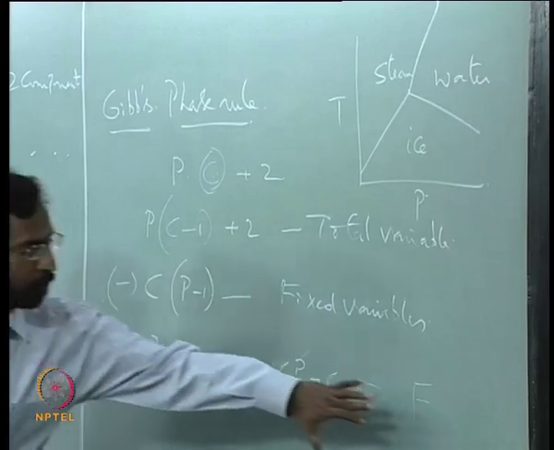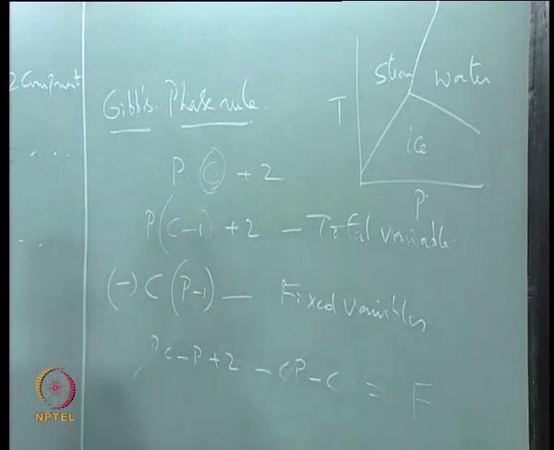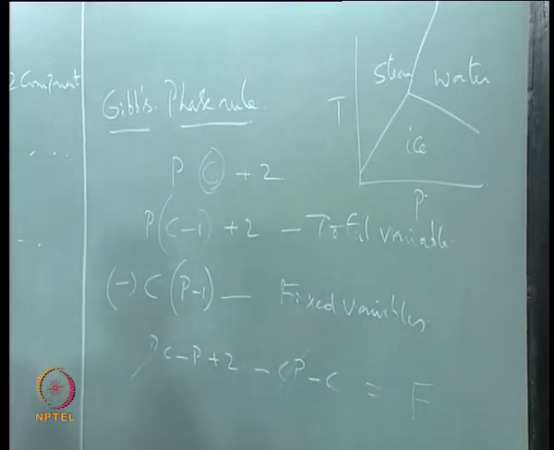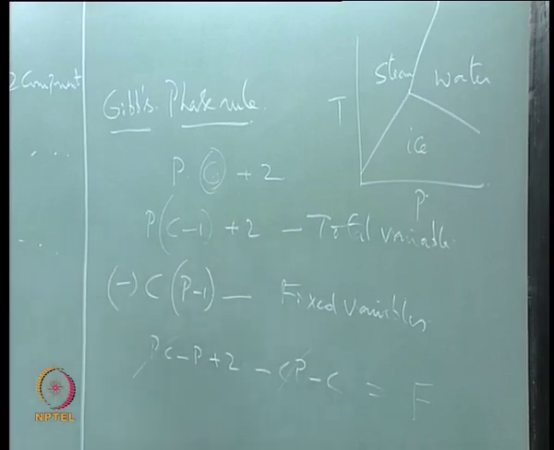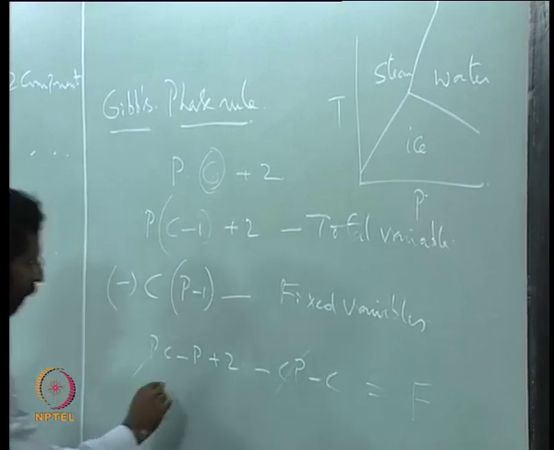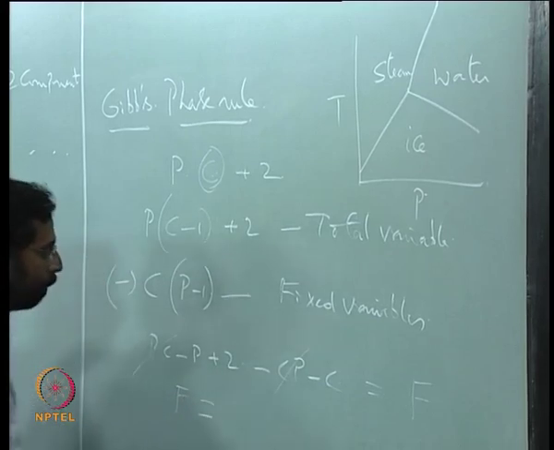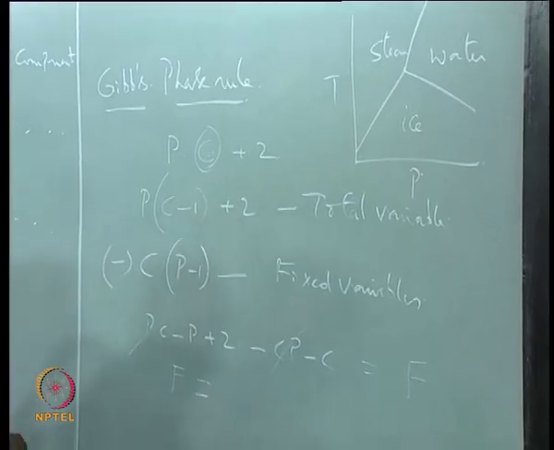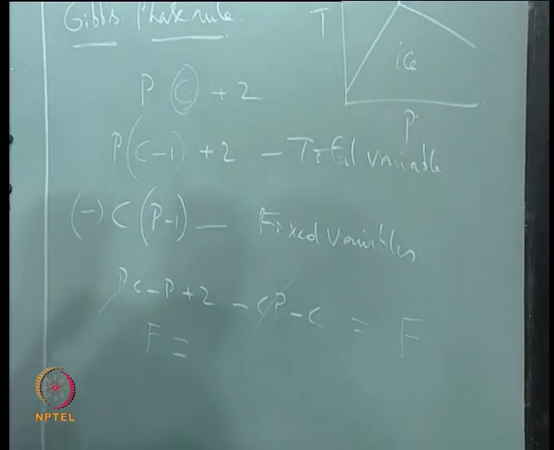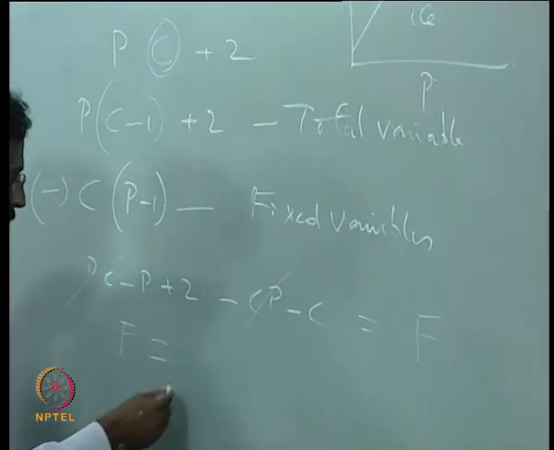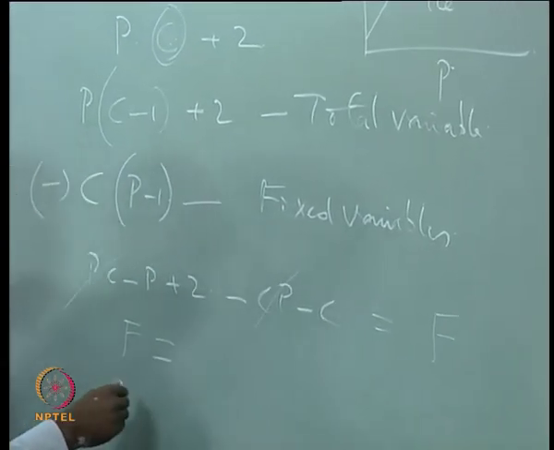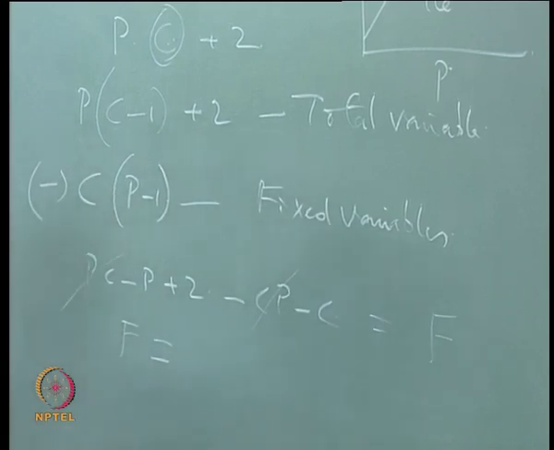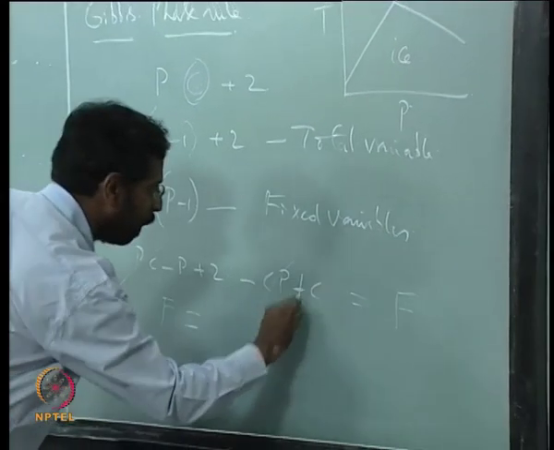The number of variables that need to be defined for a system is what we call the number of degrees of freedom that are available for the system, and that is F. Somewhere did we make something, oh this is a minus, so this has to be plus.